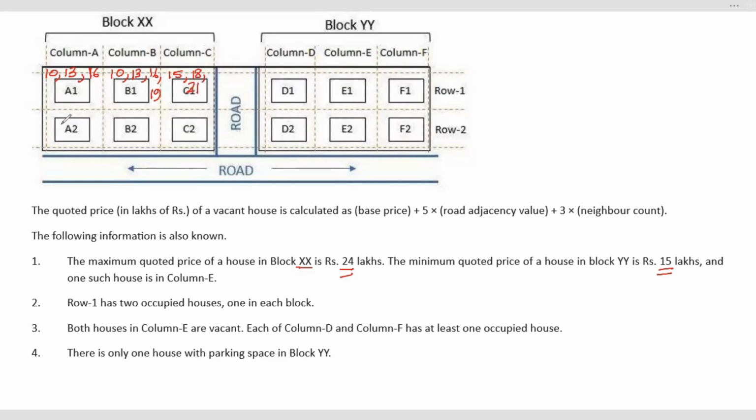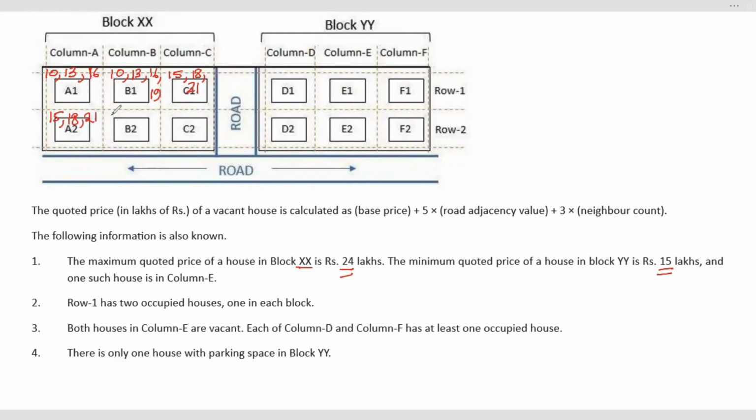Here for A2, there would be one road. So 15 is the first value possible. 15, then 18, and 21. Now, all these values I have written without the parking. If there is parking, another 2 can be added.